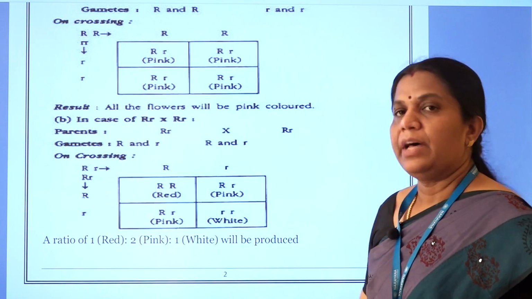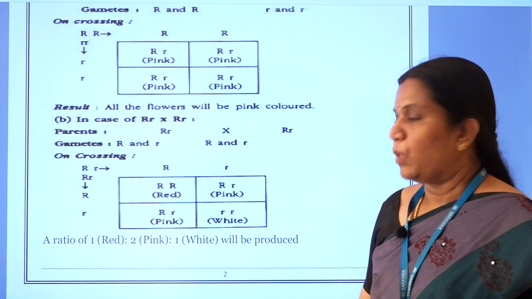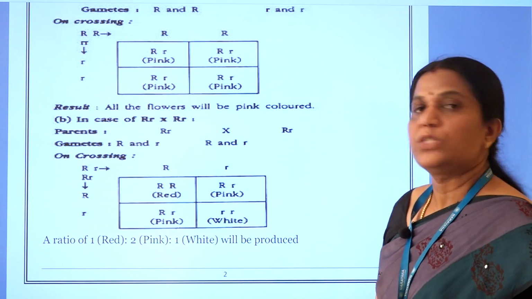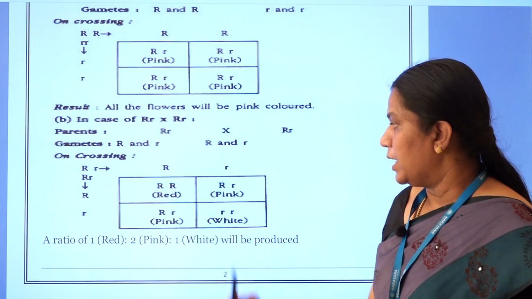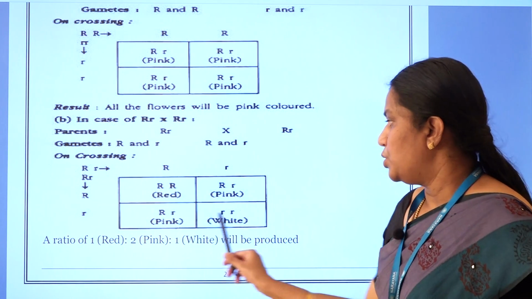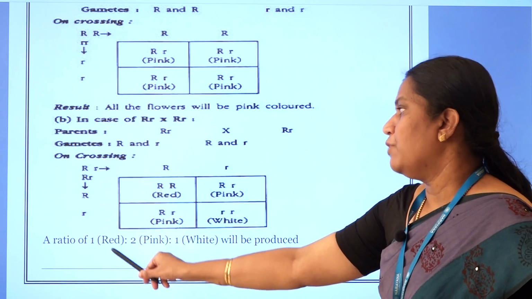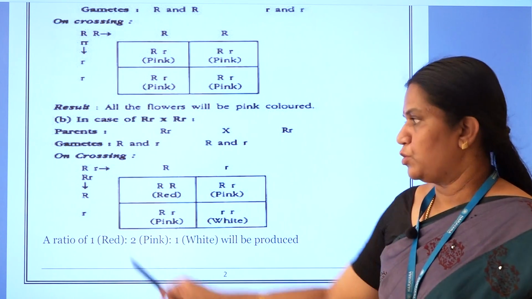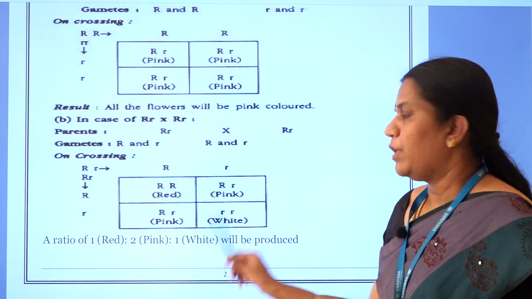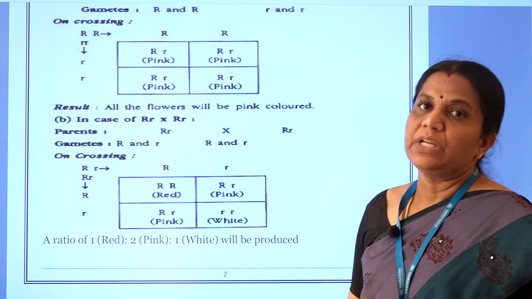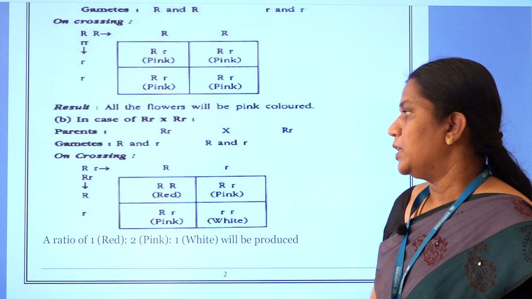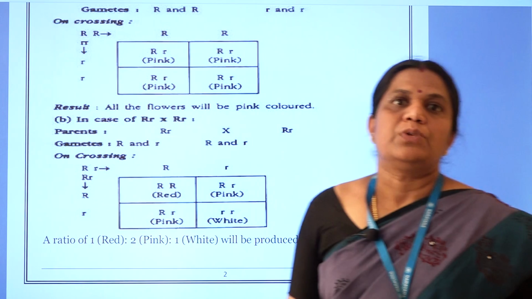So the ratio of red is 1, pink is 2, and white is 1. So a ratio of 1:2:1 will be produced: one red flower, one white flower, and the intermediate, that is the pink color, two. So this is the result, 1:2:1.